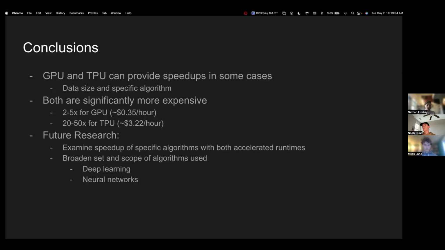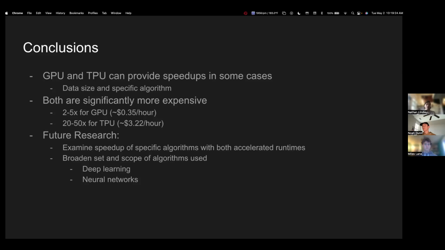In addition, based on the cost and runtimes, we found that even with the shorter runtime, in the best case, the TPU was still around 40 times more expensive to do the same algorithm run. And the GPU was just under 4 times more expensive for the exact same algorithm on the exact same data.